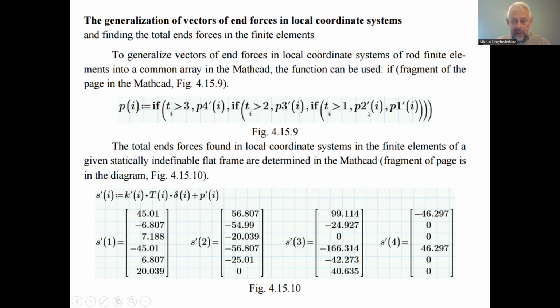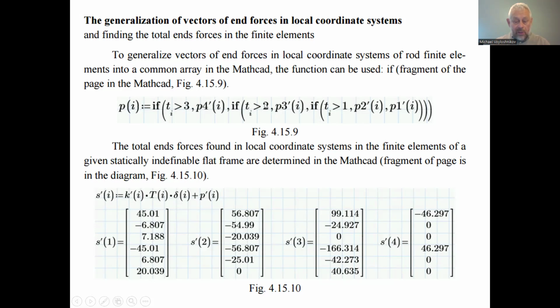So if, in the inner brackets, the parameters of the if operation: type more than 1? Yes, we have number 4, so more than 1, so that's true. So the end forces we define as P2, no, P1. Is this true? Yes, P2.